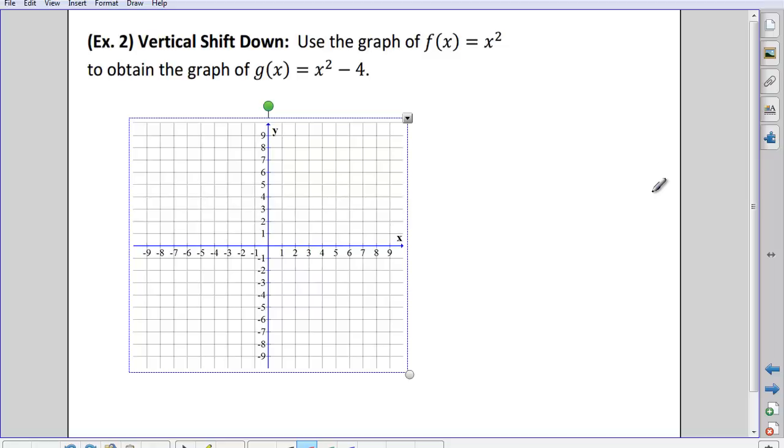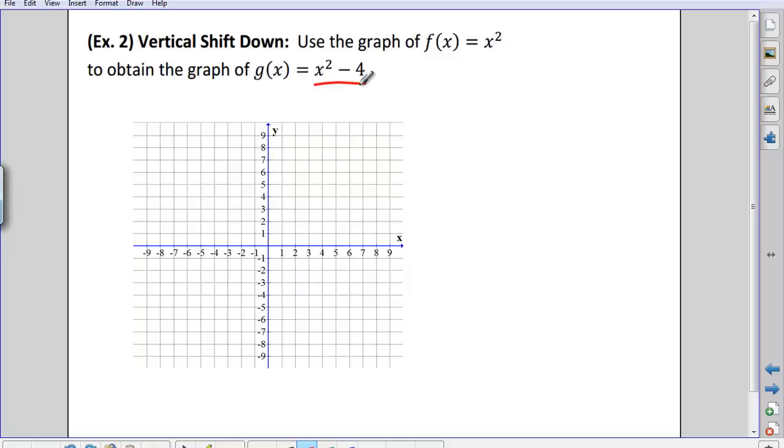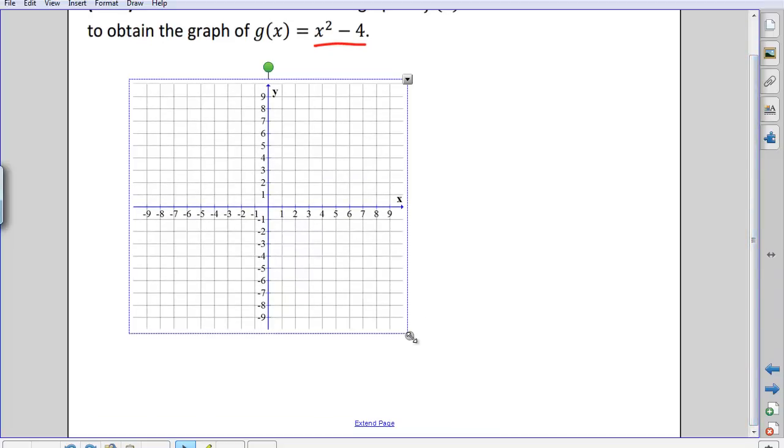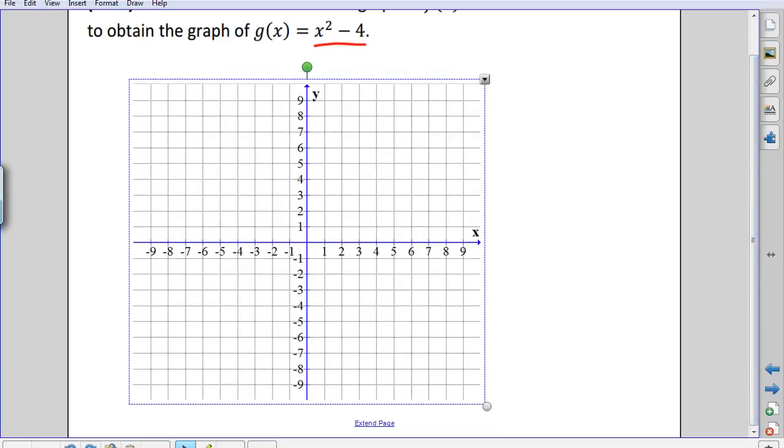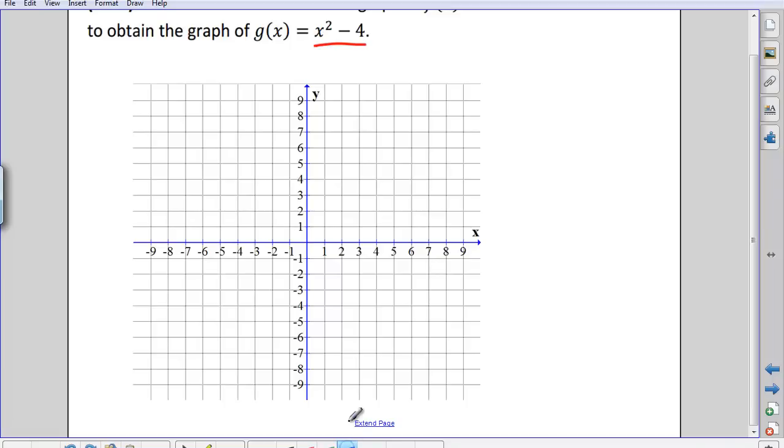Here, a vertical shift down. Use the graph of x squared to obtain the graph of x squared minus 4. We won't go through all the process of making the table here. We should know that the graph of x squared looks like this. If I want x squared minus 4, remember minus 4 is going to be a shift down.